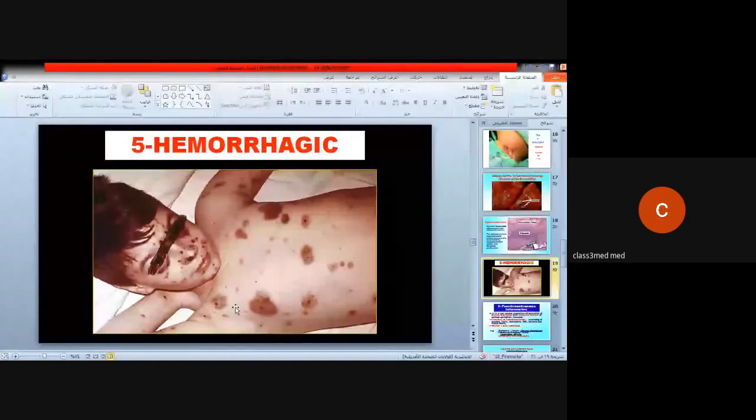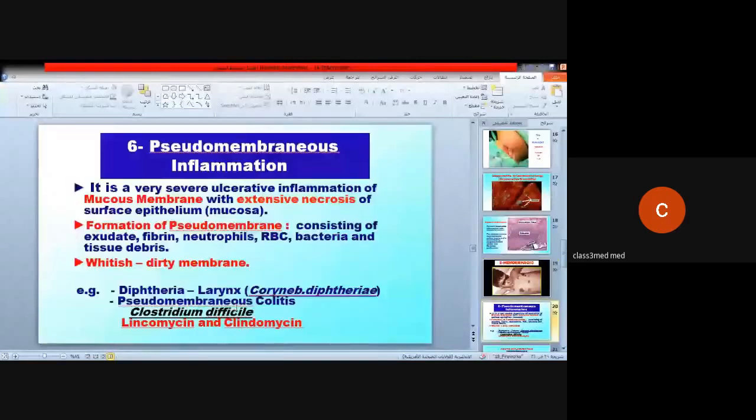We come to pseudomembranous inflammation. Pseudomembranous inflammation is a very severe and ulcerative inflammation of mucous membrane.